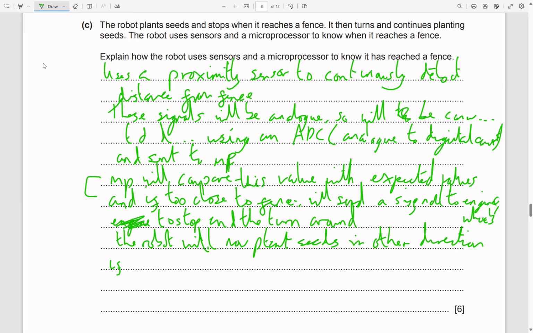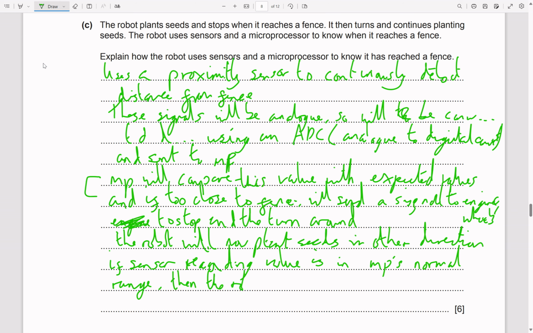Let's say if sensor value is in the microprocessor's normal or expected range, then nothing will happen, or the robot will continue moving as normal.